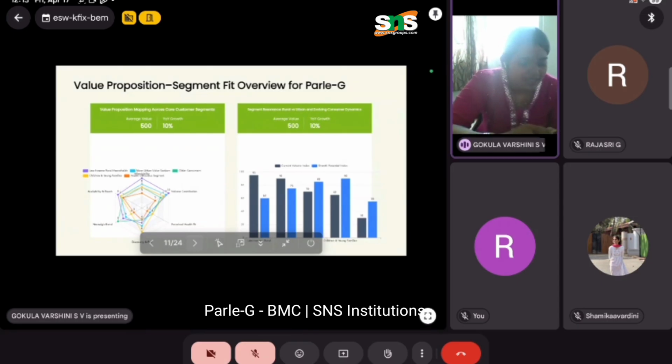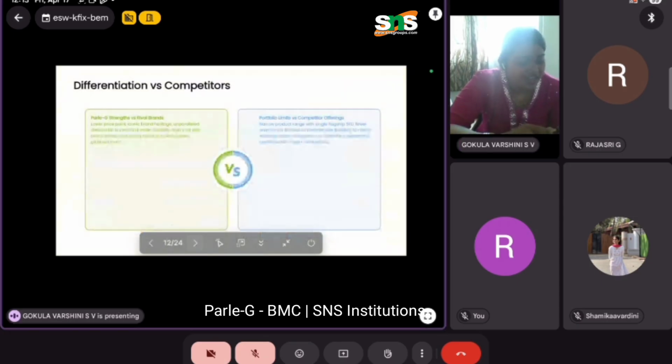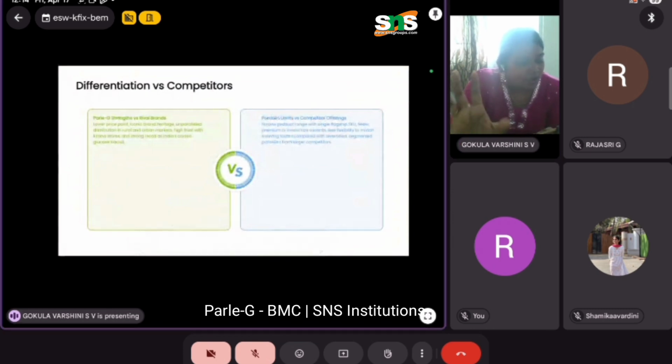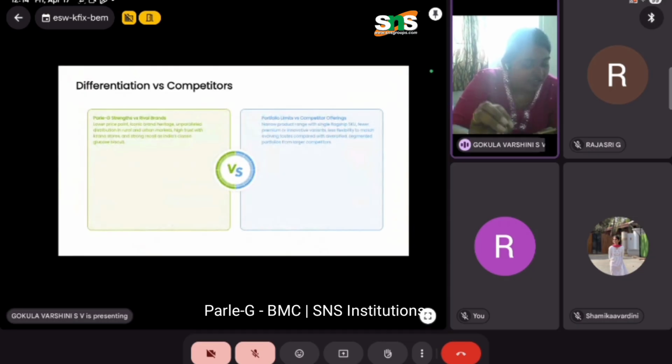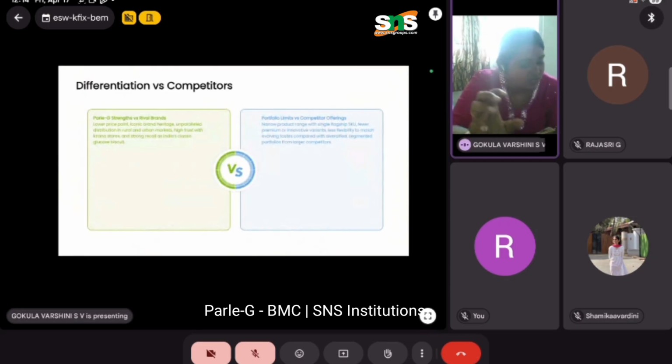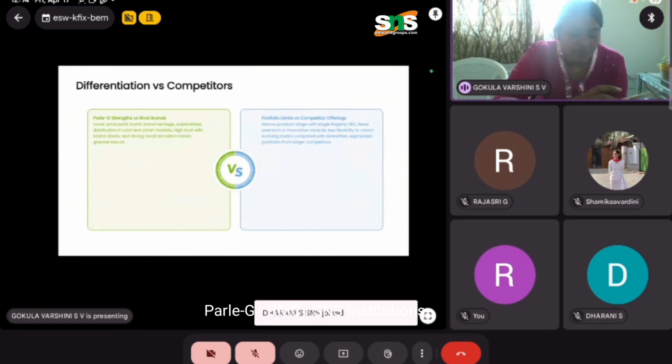What is the difference in differentiation and competitors? Parle-G strengths versus the rival brand: low price point, iconic brand heritage, unparalleled distribution in rural and urban markets, high trust with Kirana stores, strong recall, and the classic portfolio of Gluco and Milk biscuits.